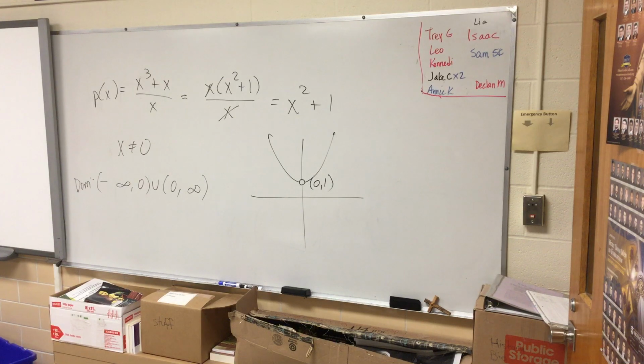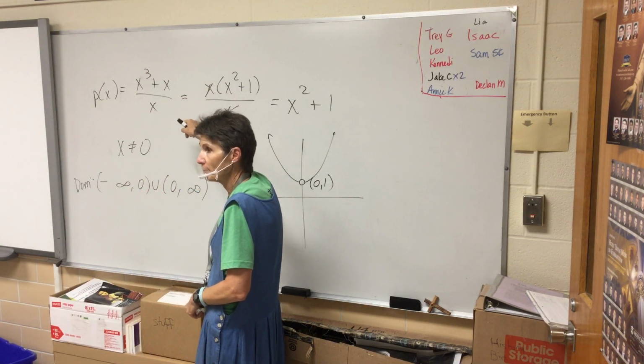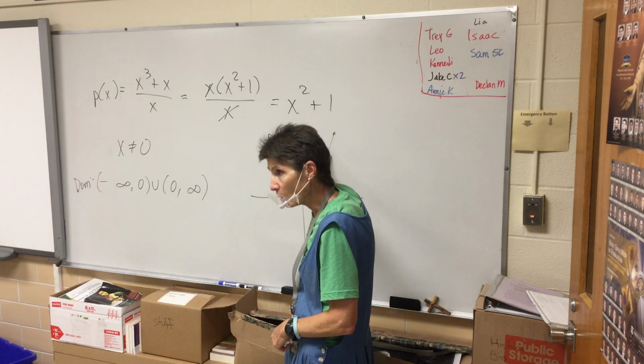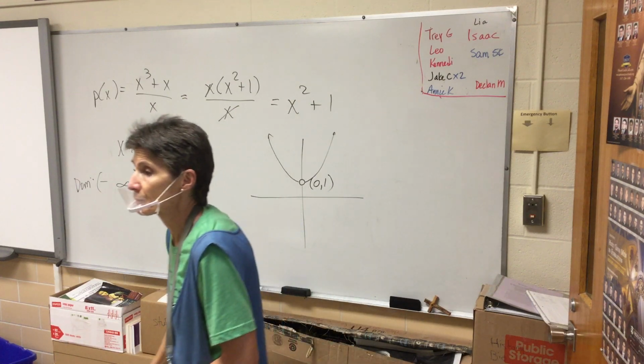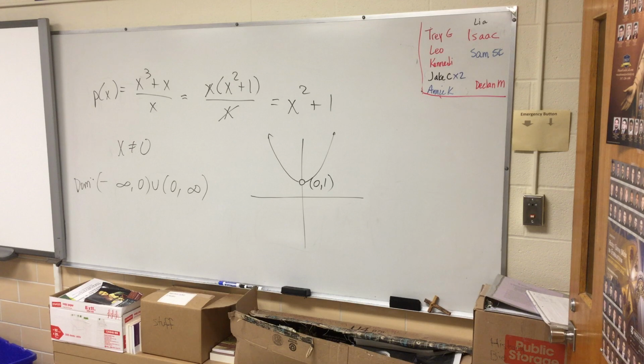Removable discontinuity is one that you can remove from the problem, and it shows up graphically as a hole. When you are physically graphing it, you will always have a hole at 0, 1.